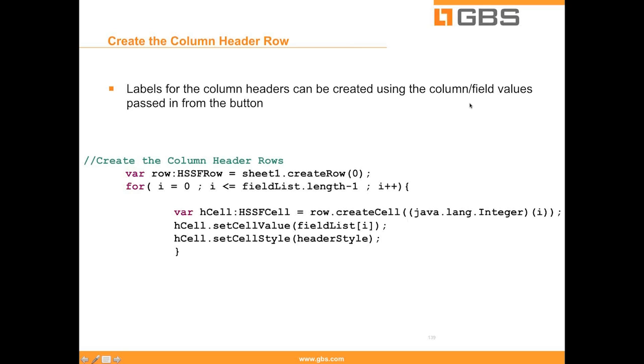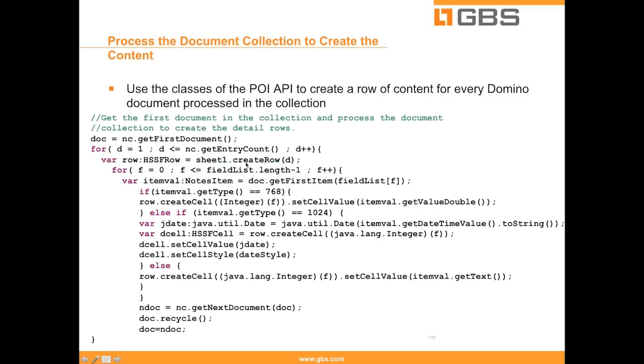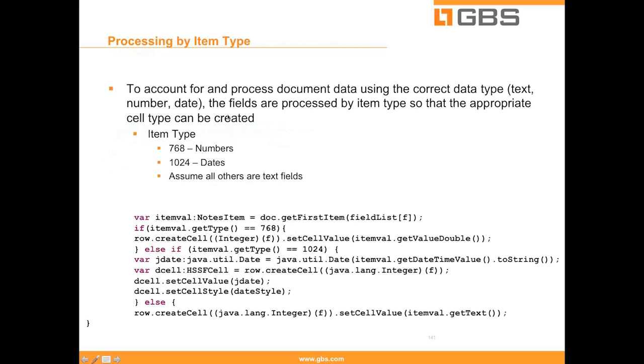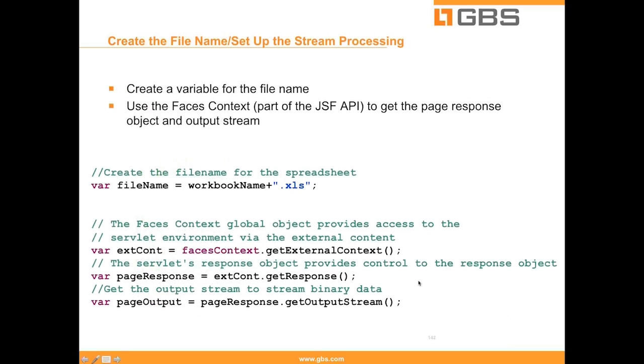We create the label, column, and headers for the column fields, and then we process every document in the view to create a row of output. To process document data using the correct data type, we have to get the items themselves and test the item type, so that when we write to the spreadsheet, we're not just working with strings, but with strings as well as numbers as well as dates.